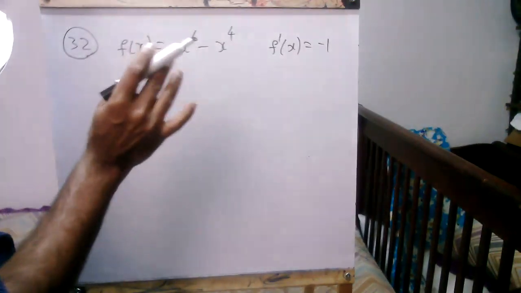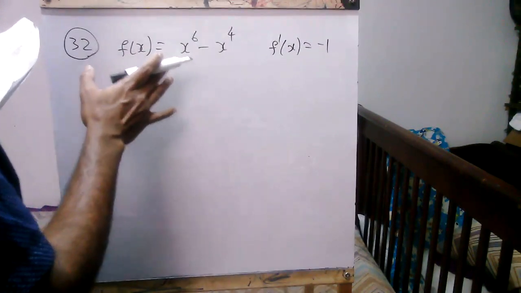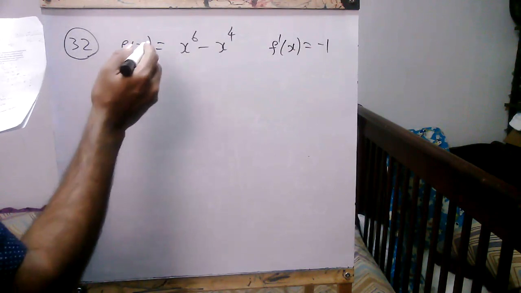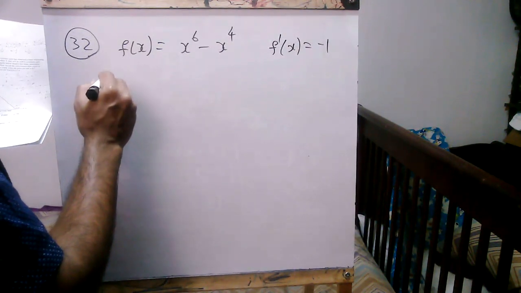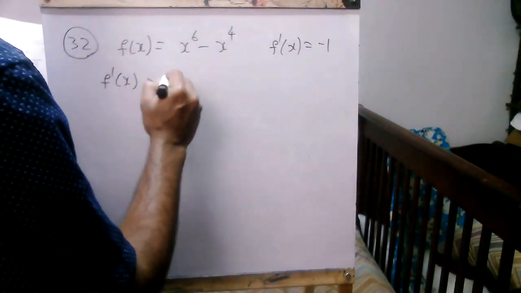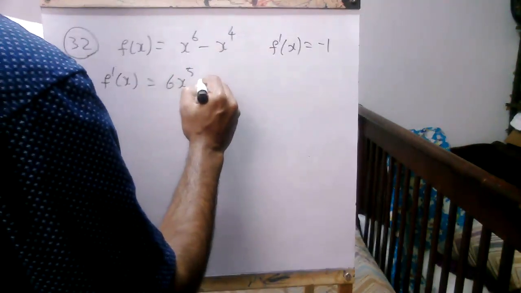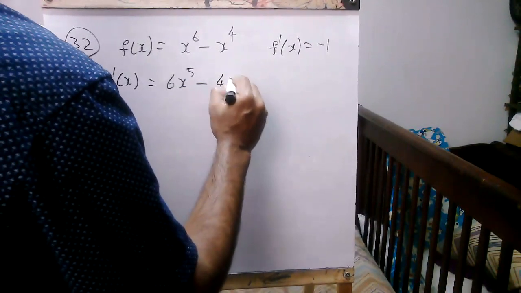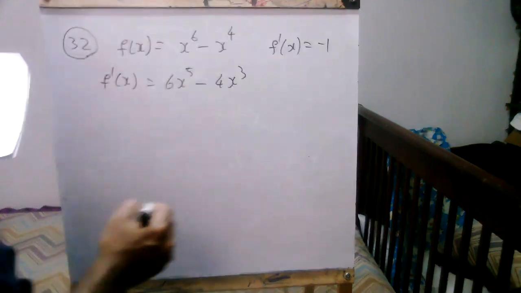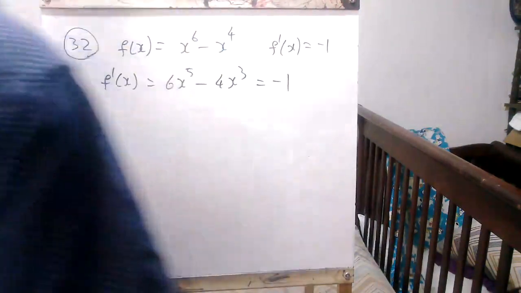It looks simple, but we don't know when we set f dash x to negative 1 what kind of equation we're going to get. Let's see. f dash x equal to 6x to the 5 minus 4x to the 3. We set this equal to negative 1.